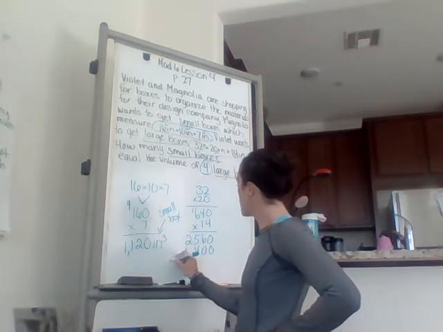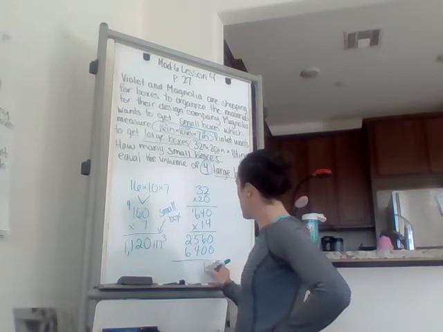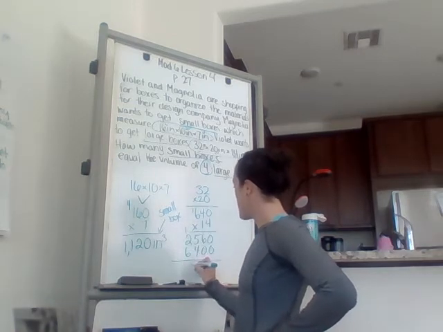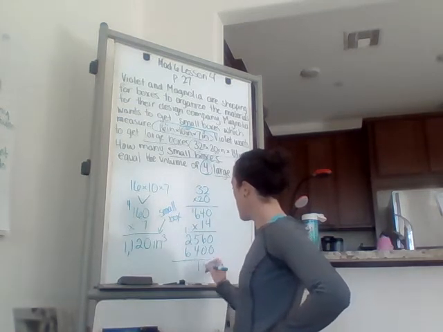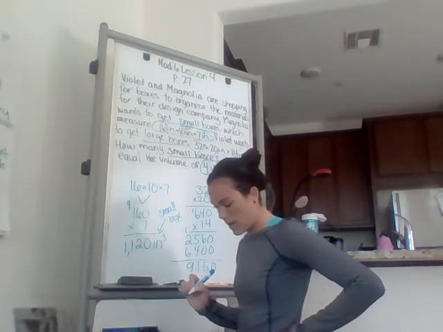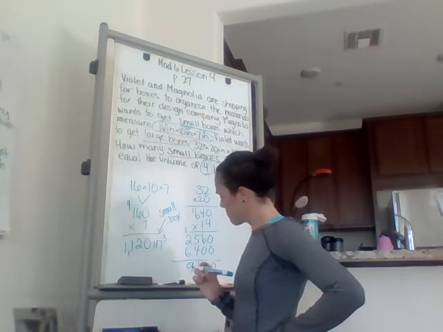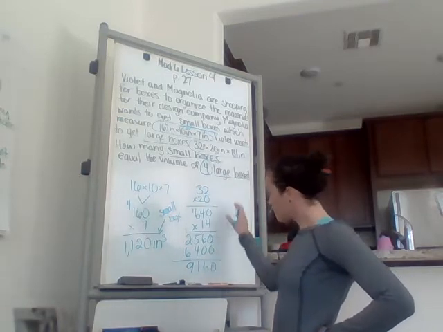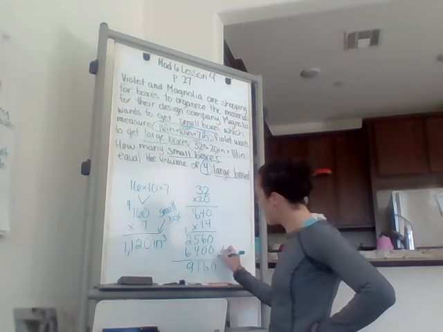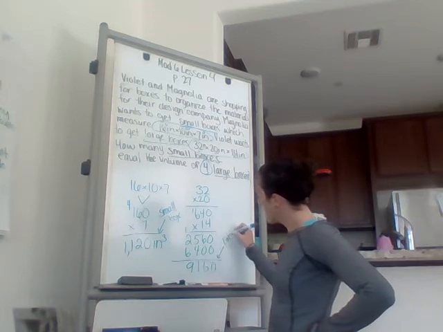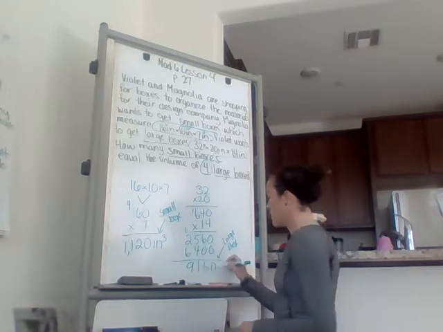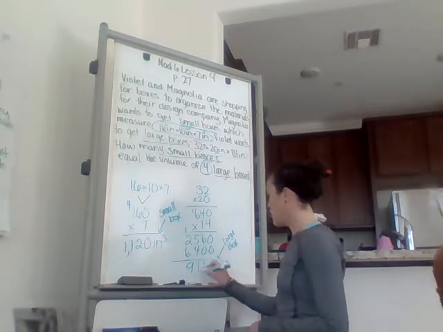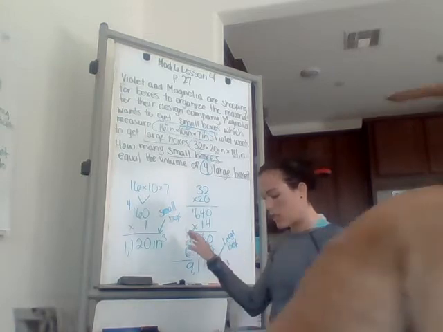All right. So here we go. From here, here's our large box. What I'm going to do to start figuring this out, inches cubed, is I'm going to look first.